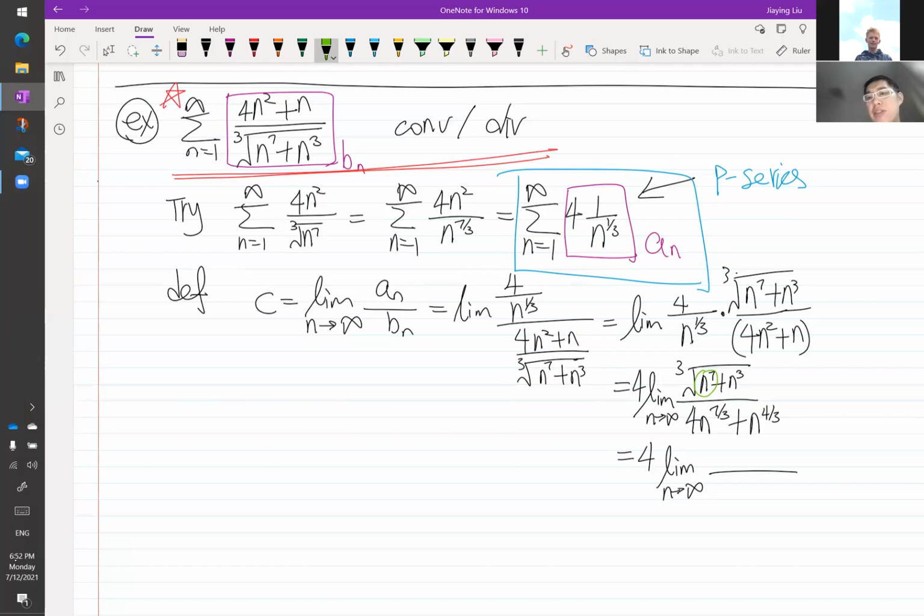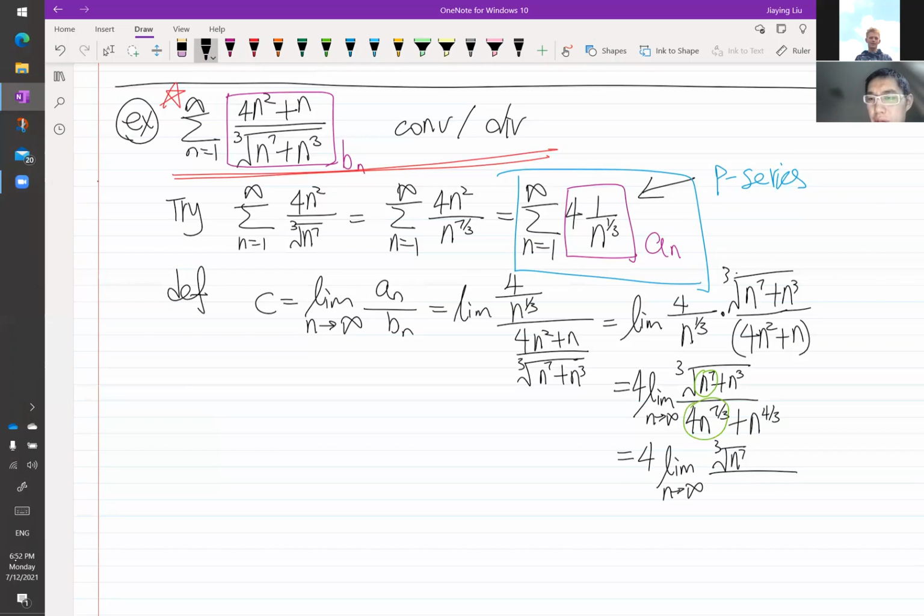Because n to the 7th increases a lot faster than n cubed. So in the numerator, I'm only going to consider the term cube root of n to the 7th. In the denominator, n to the 7/3 increases a lot faster than n to the 4/3, so I'm only going to focus on this term in the denominator.